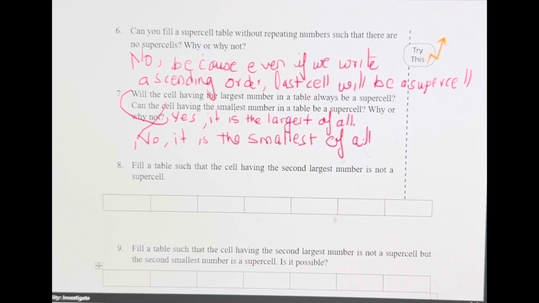Now question number 8. Fill in the table such that the cell having the second largest number is not a supercell, right? So you want the second largest to not be a supercell. So suppose we write the numbers in sequence: 1, 2, 3, 4, 5, 6, 7. Right, so you can see that this is the second largest number and it is not a supercell because this is 5 and this is 7.